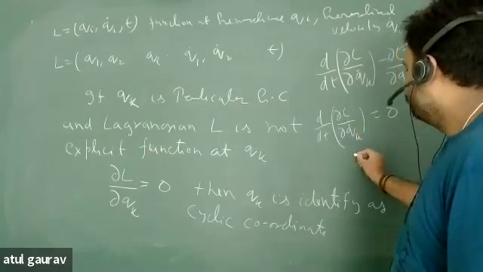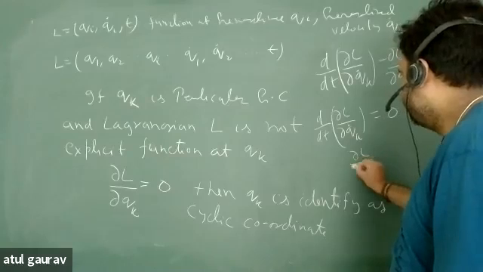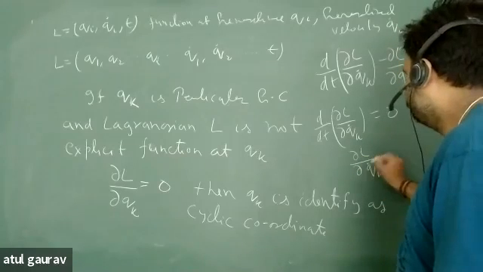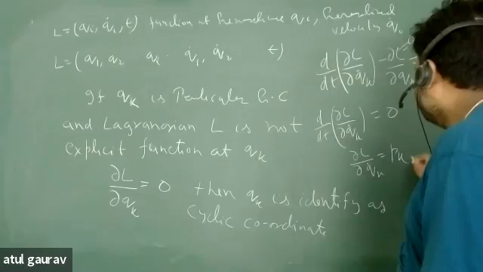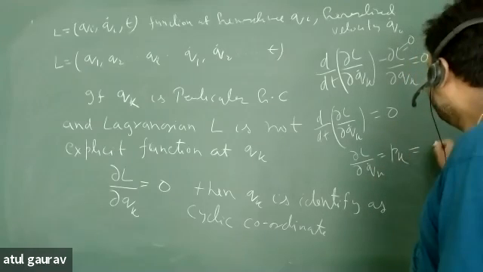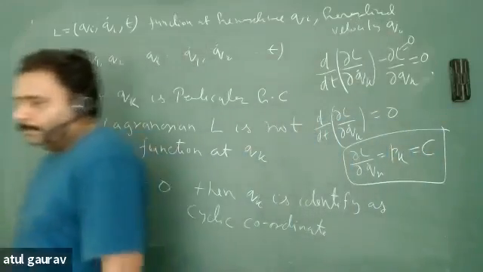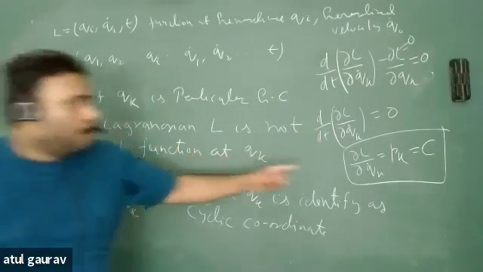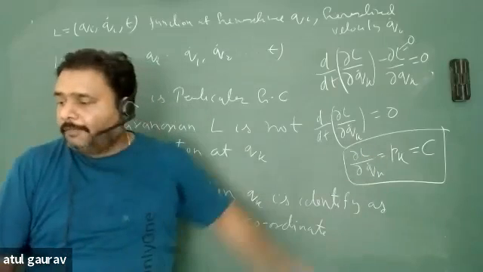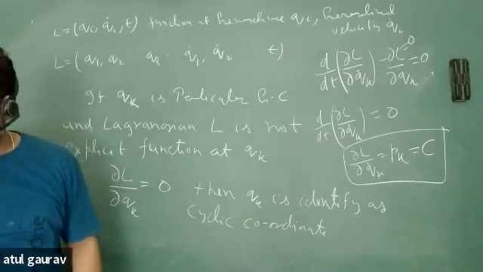Then del L upon del Qk dot is the momentum associated with Qk, Pk, and it is identified as constant. Then the momentum corresponding to a cyclic coordinate will be constant and conserved.